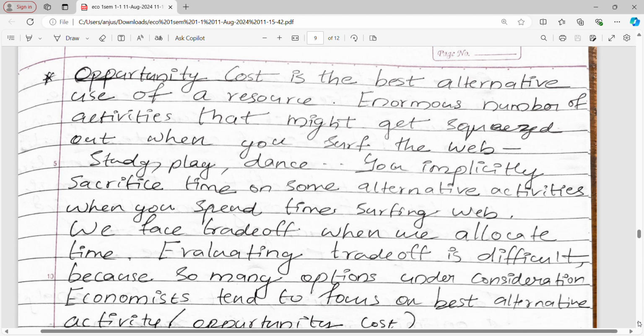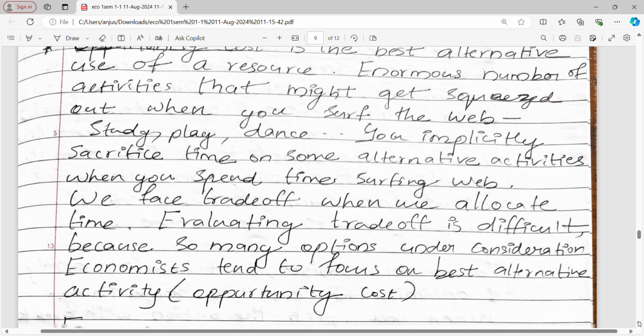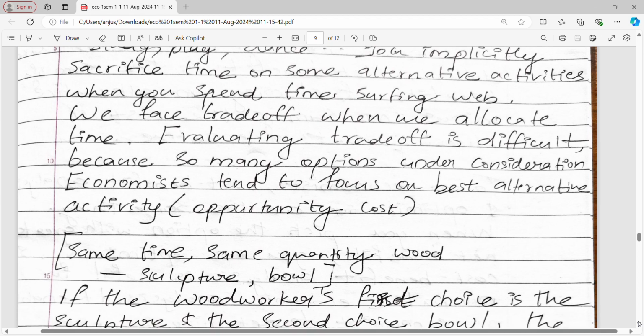As we discussed Facebook in the beginning of this chapter, it is the same concept. Evaluating trade-offs is difficult because there are so many options under consideration. Economists tend to focus on the best alternative activity, that is the opportunity cost.